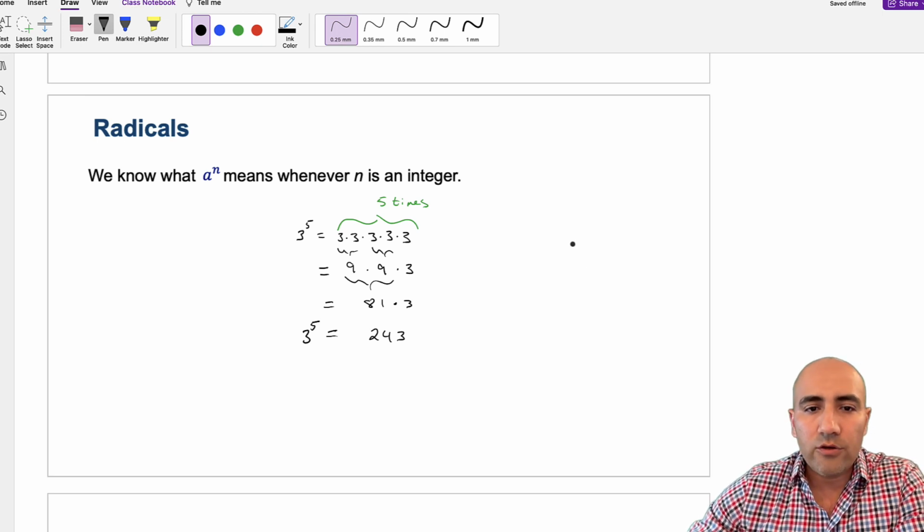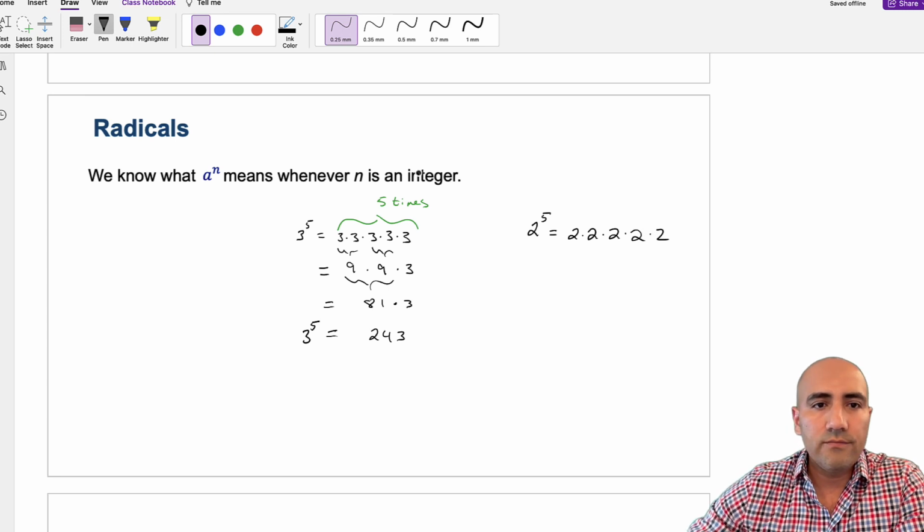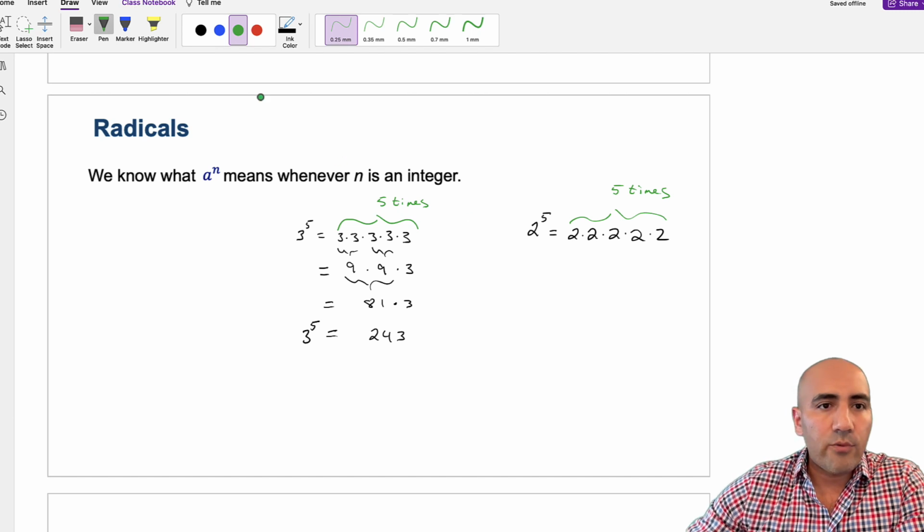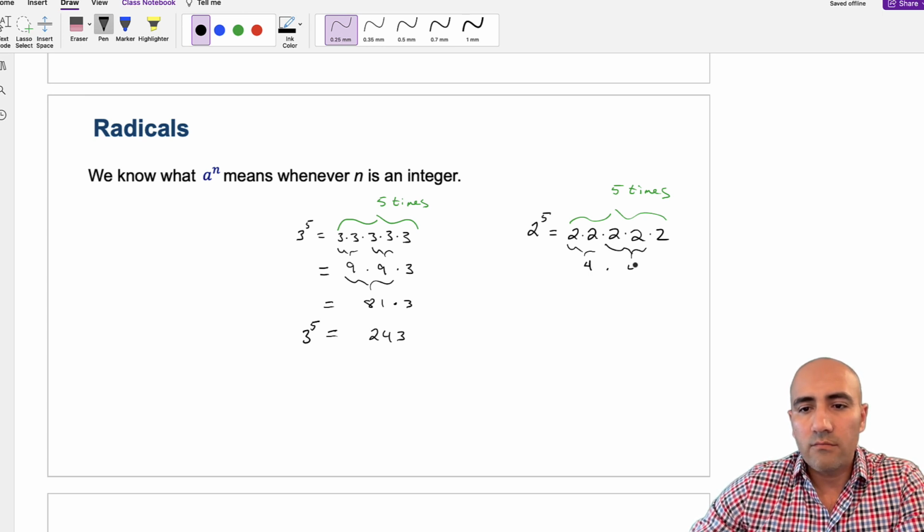As another example, we could have 2 to the power of 5. That is 2 times 2 times 2 times 2 times 2, five times. Let's group them up again. This could be a 4, and then this is another 4, and then there's another 2.